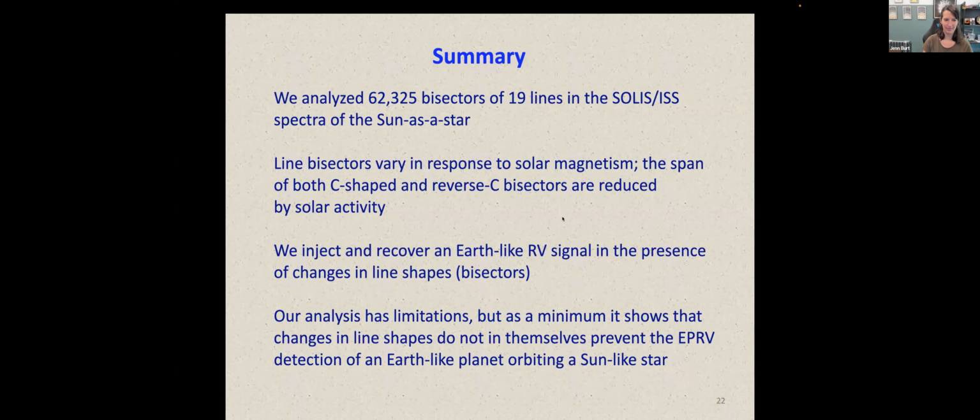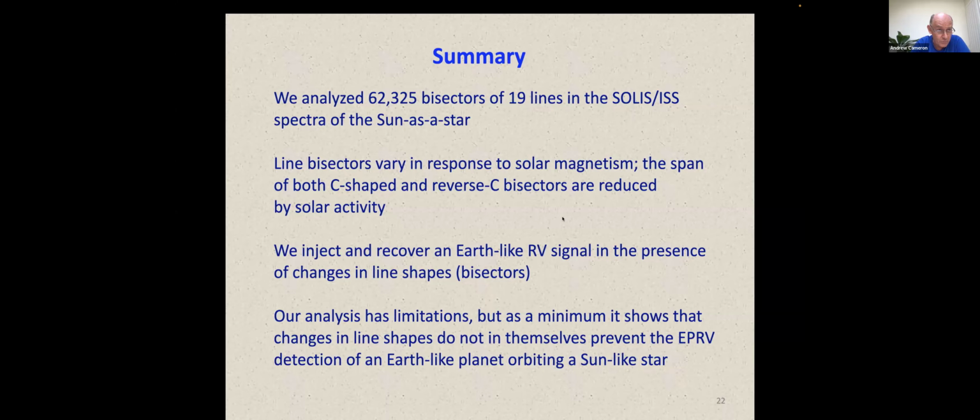Andrew. Yeah, just harking back to what Lily was saying about the degradation of the curvature of the bisector as you degrade the resolving power of the spectrograph. Do you have a feel for, let me see, you've got 19 lines.